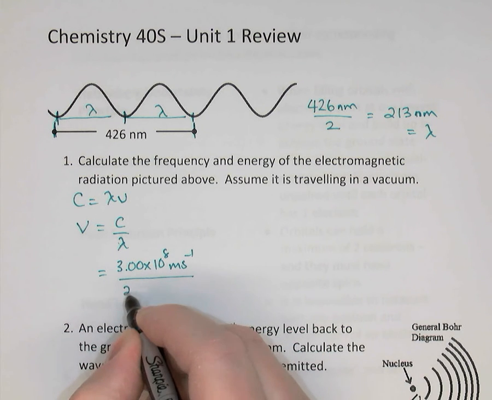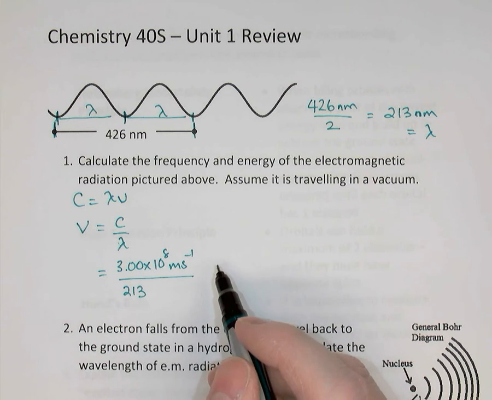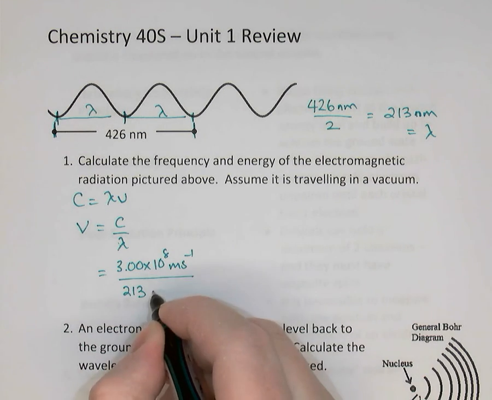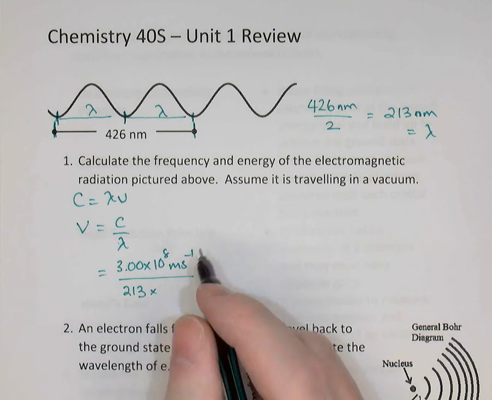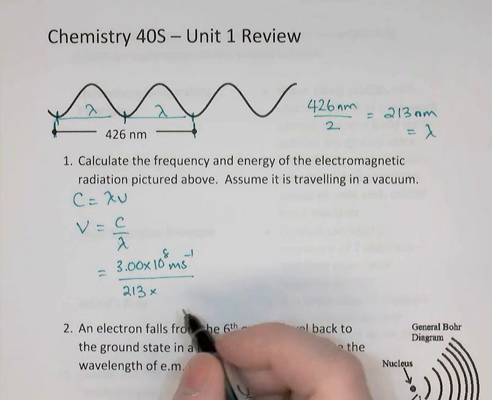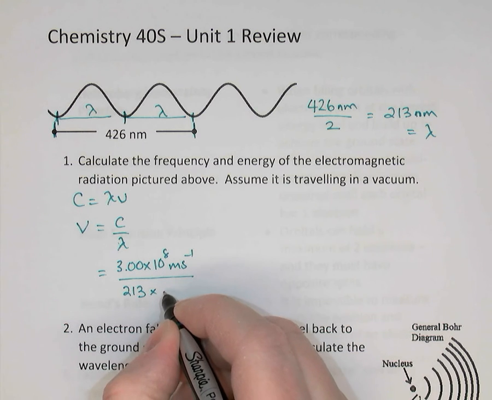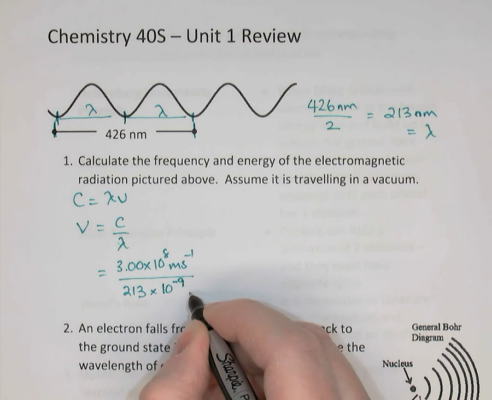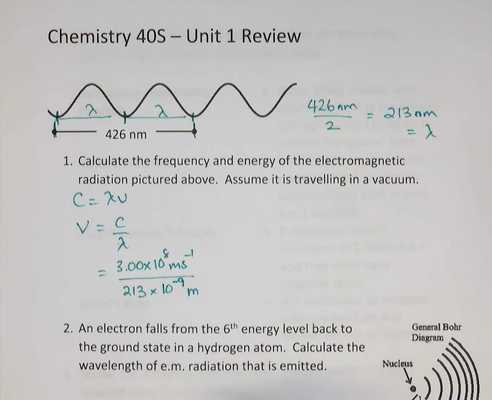I need to put it in here in meters. So using that data booklet, page 2 at the bottom, nano is 10 to the minus 9 meters. So 1 nanometer is 10 to the minus 9 meters. So I'm just going to tack on times 10 to the minus 9, and then instead of nanometers, my wavelength is now in meters. I'm going to grab my calculator.